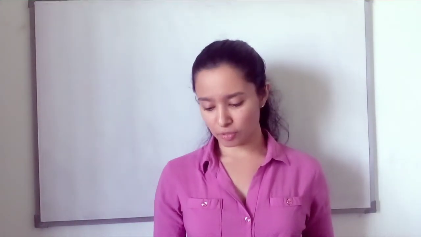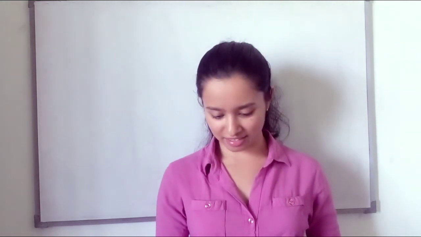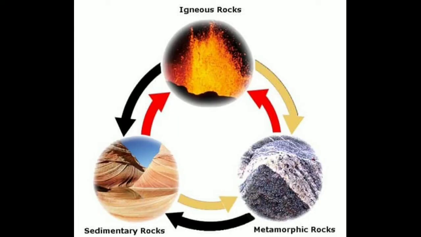Then we discussed the weathering of rocks. There are three types of weathering: physical weathering, chemical weathering and biological weathering. And then we discussed the rock cycle. That is the process in which the three types of rocks change from one form to another over a very long time period.